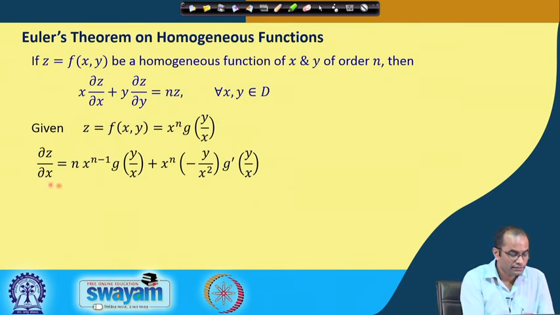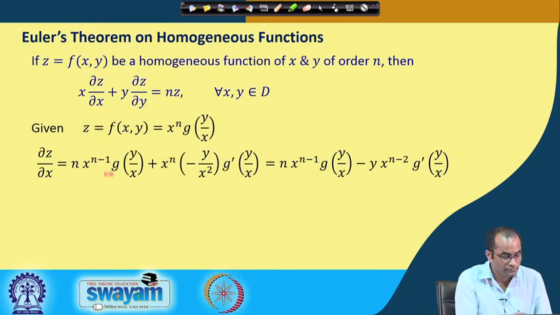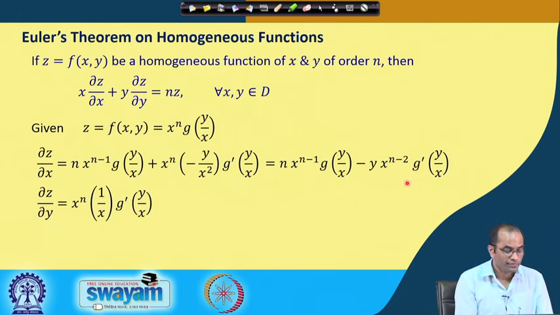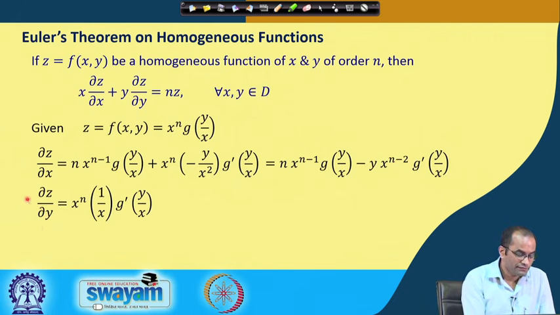So, in this case, if we simplify this a bit, here we have n x power n minus 1 times g of y over x, and then here we have the minus sign, y and x power n minus 2 times g prime of y over x. And the partial derivative of z with respect to y we can get again.